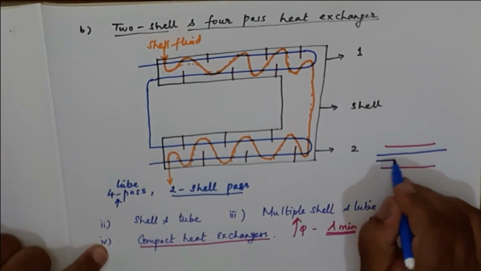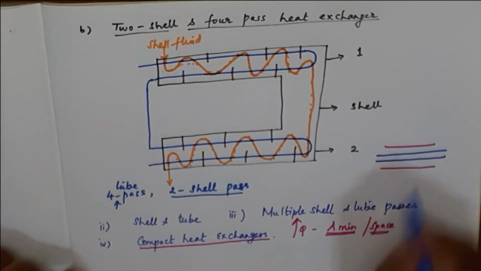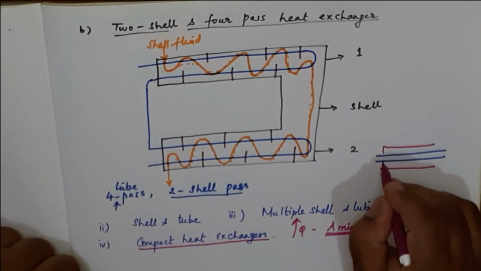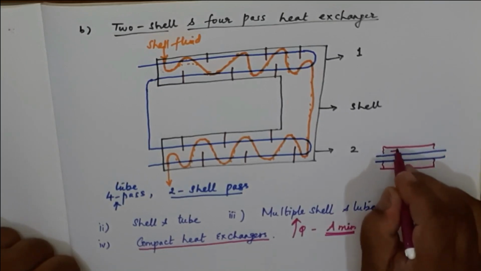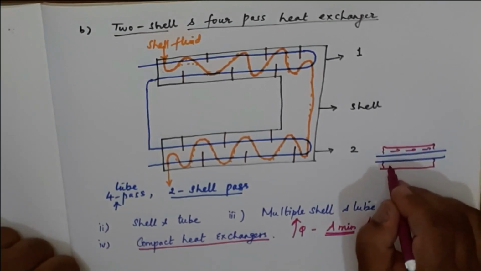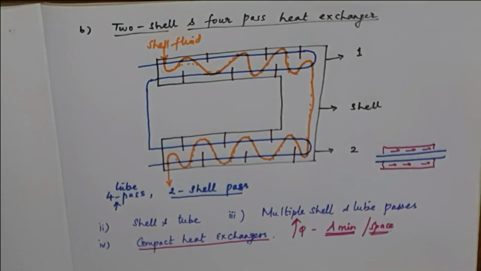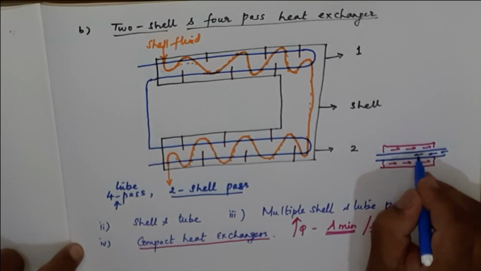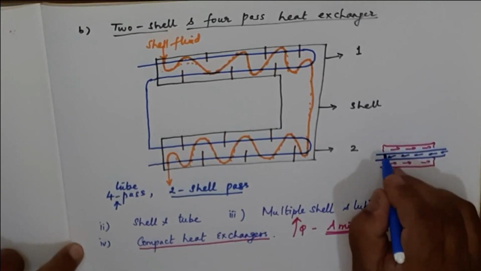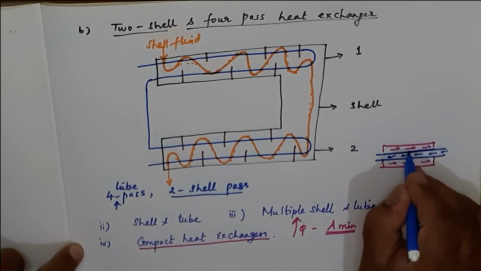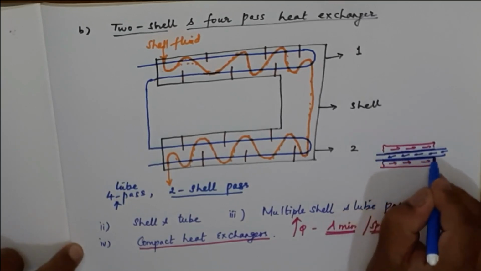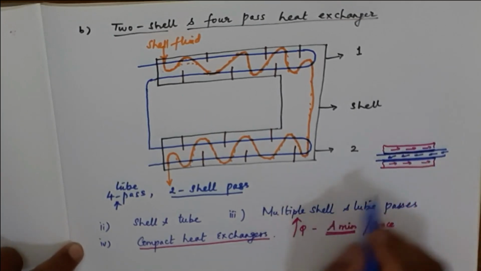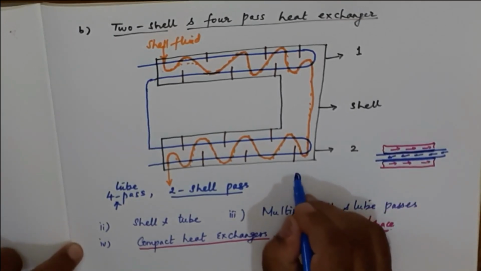In the outer tube, a hot fluid is flowing, and in the inner tube, a cold fluid is flowing. So when we talk about the area here, this is the area where the heat exchange takes place.